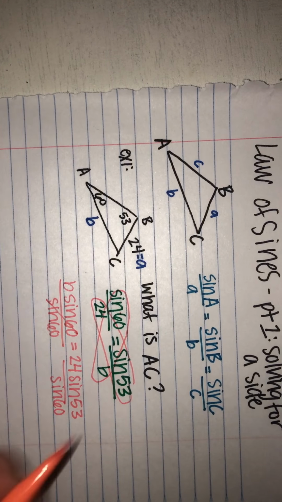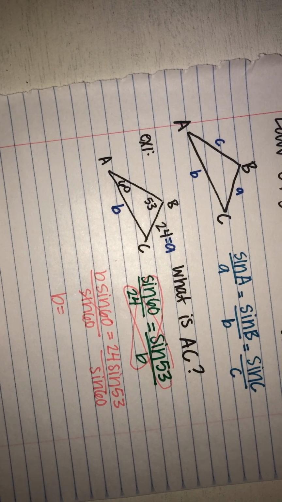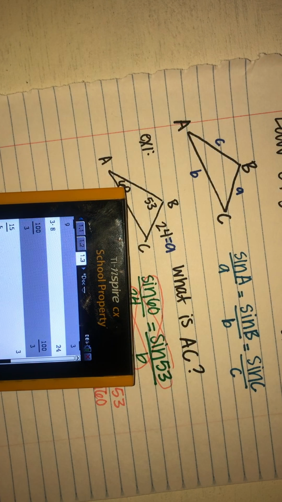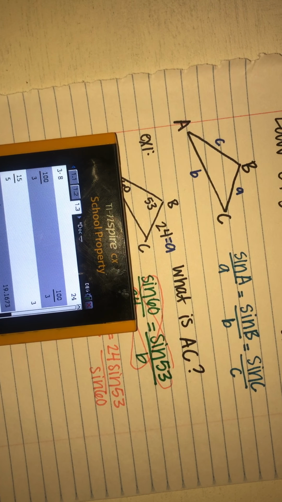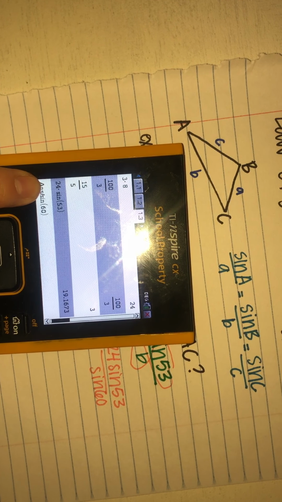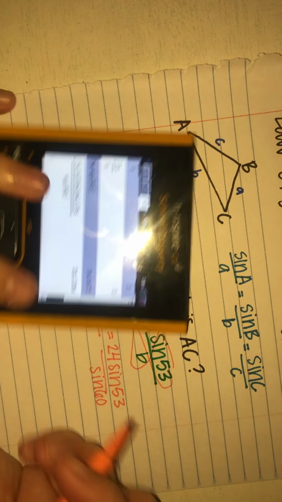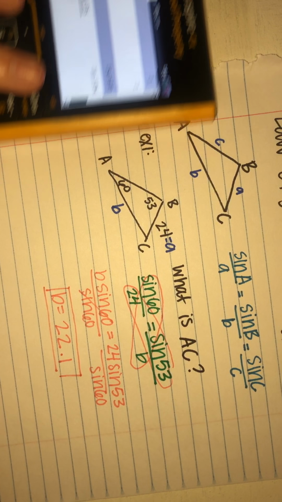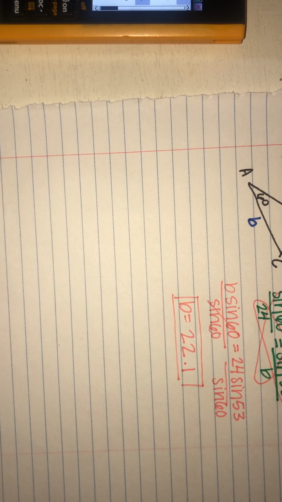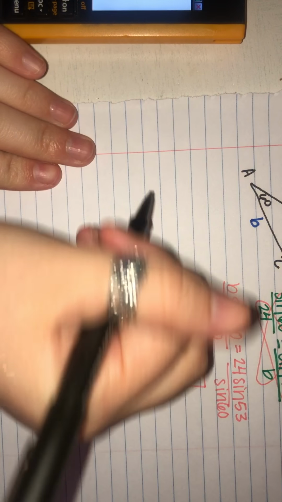So b will be 24 times sine of 53 divided by sine 60. So again, I did 24 times sine of 53 divided by sine of 60, which is 22.1. And that would be the answer. Okay, so let's do a couple more because that was just the first one, so that might be a little tricky since it's new. Okay, so I have a triangle, example 2.